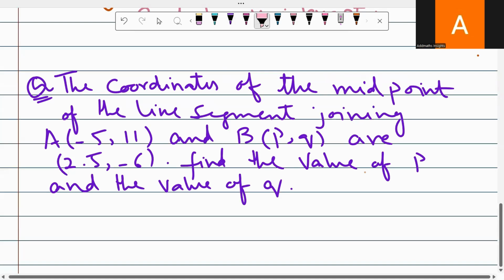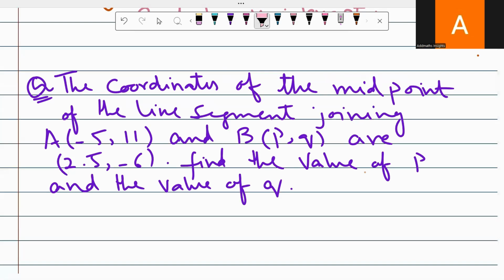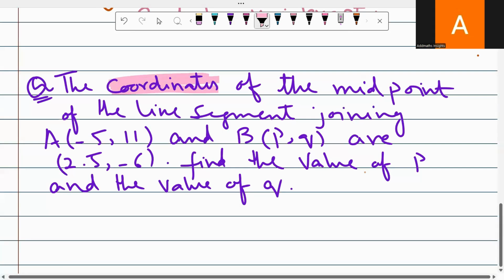Now, according to the given question, the information given to you is that the coordinates of the midpoint are 2.5 and -6.